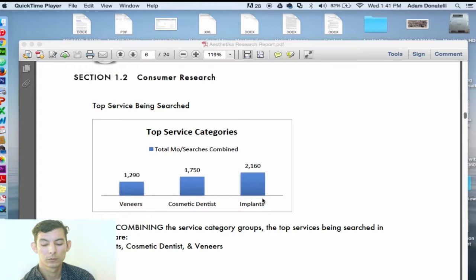Now, drilling down this deep, we now see that implants is in fact the most searched product. Next, this group right here, and then veneers. All right.